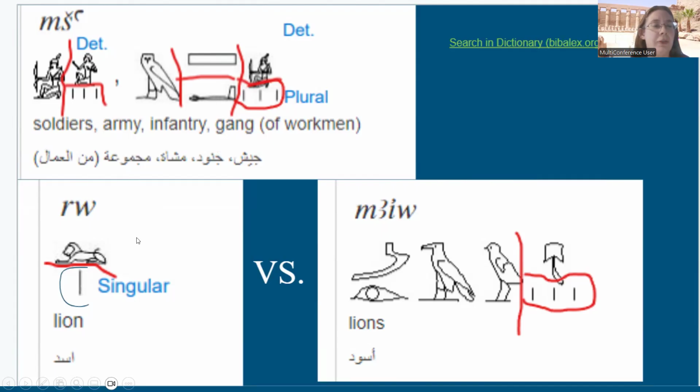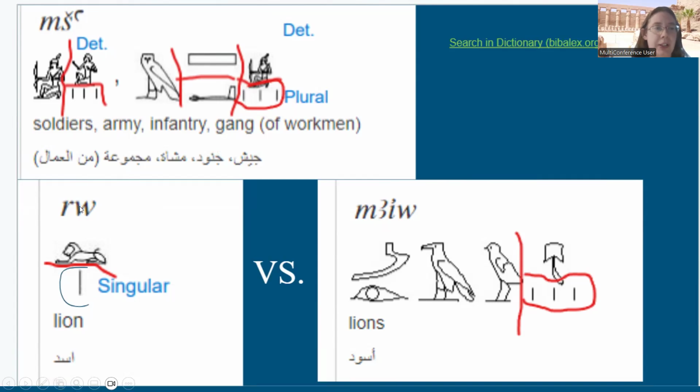We also have this word for lion. So one lion versus lions, plural. In this case, one of the ways that you can write lion is using a bilateral, or two-sound image, which is the lion here. So ru.